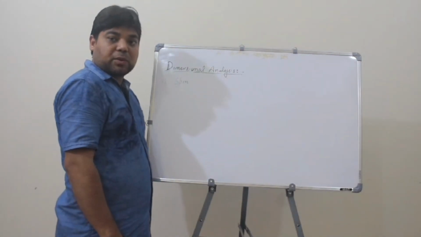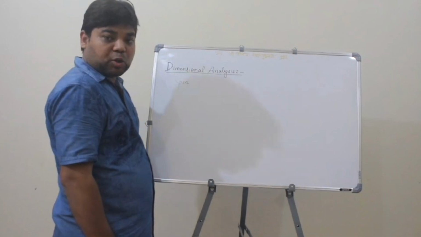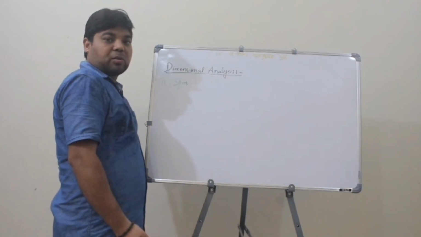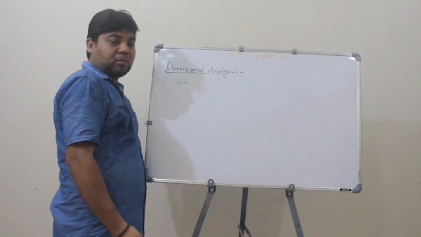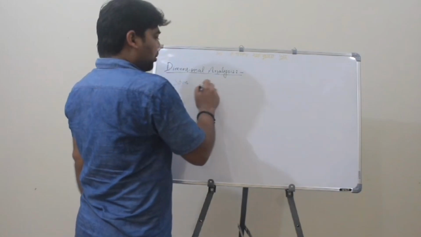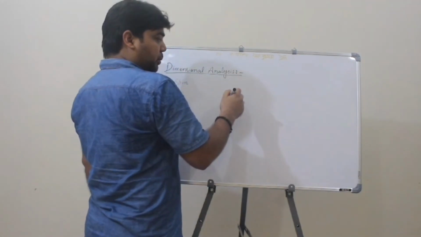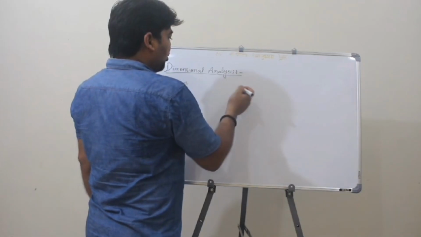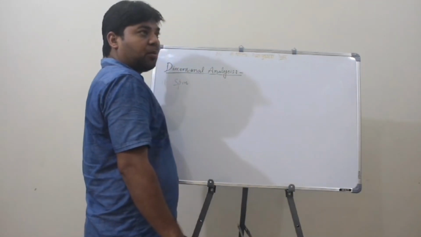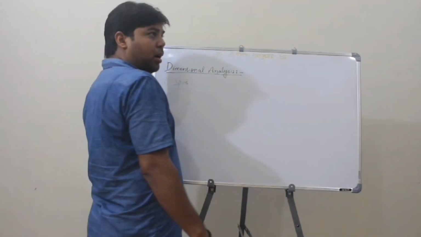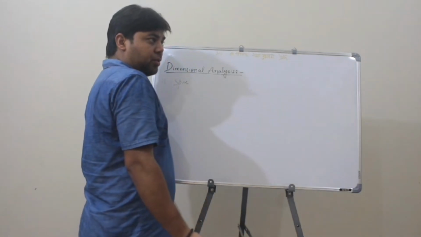So let us start with another physical quantity, spin. Now spin is nothing but a form of angular momentum. So what is the dimension of angular momentum? Angular momentum is momentum multiplied by r, or distance.